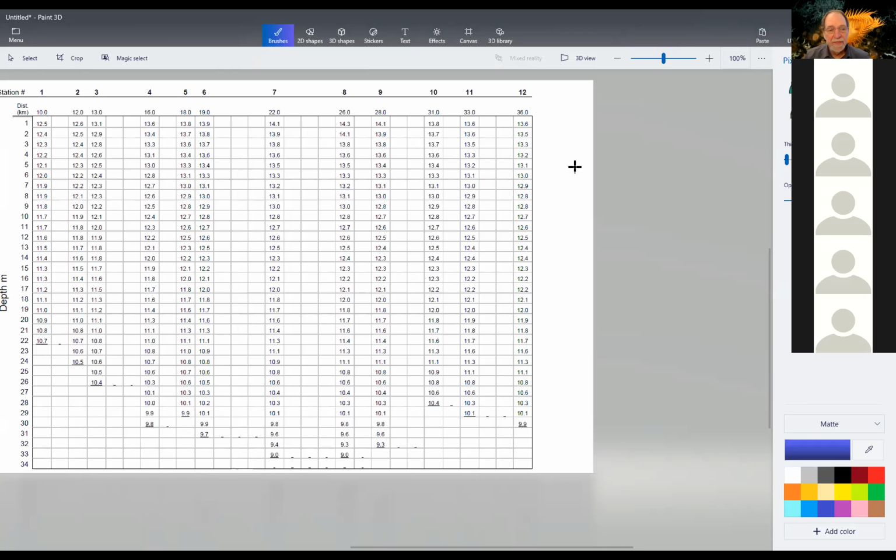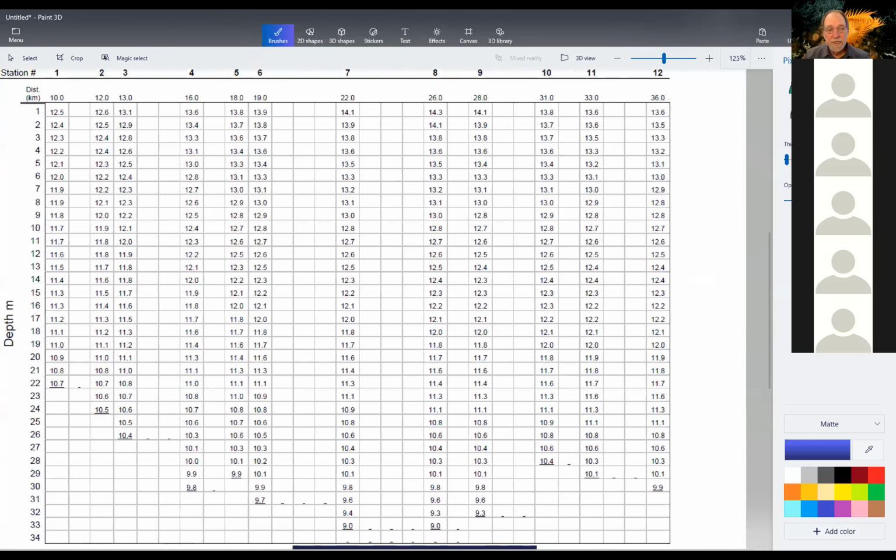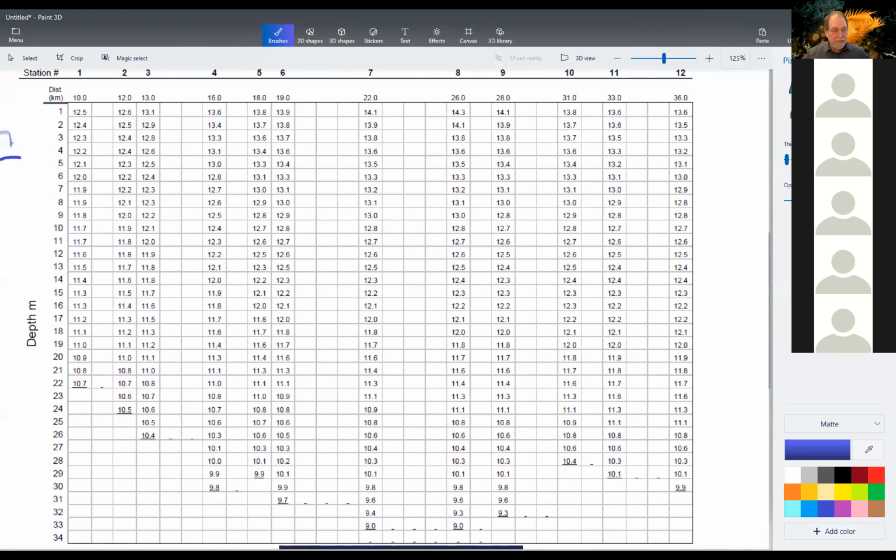Okay, so once we've got that, the challenge was to go ahead and contour these lines in half-degree lengths. So let's just start right here. I'm going to draw a contour here. I'm going to go through 5, and I have to keep going down through 12.5, and 12.5 is here. 12.5 goes across like this.